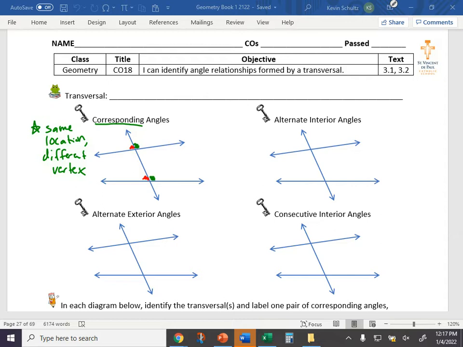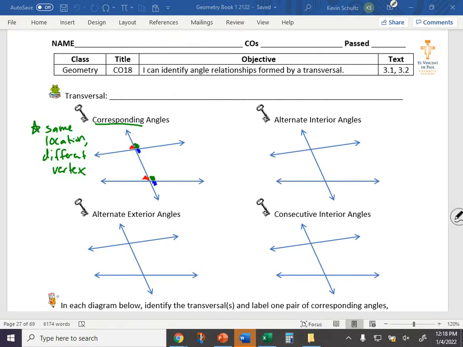If I were to highlight the bottom right angle in my top vertex, what angle corresponds with it in my bottom vertex, in the other one? Great. Bottom right. Same location, different vertex.